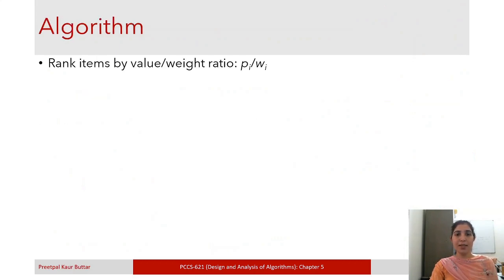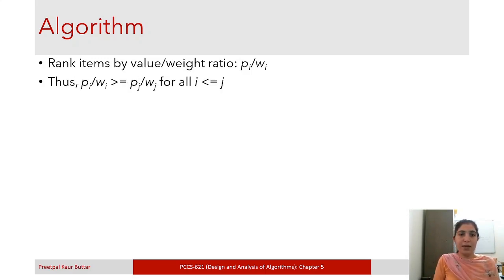So now let us see the basic algorithm. Although we have done a thorough example, still let us see what the algorithm is. The algorithm is to rank the items by value by weight ratio, that is PI by WI. So you have to sort the items such that the item with the maximum value by weight ratio is at the top and the item with the minimum ratio is at the bottom.